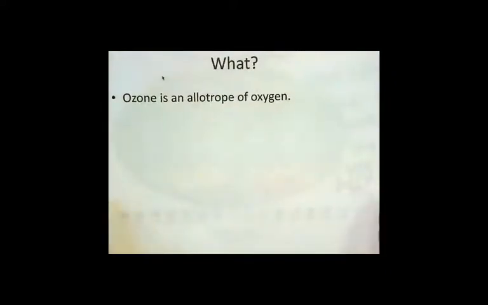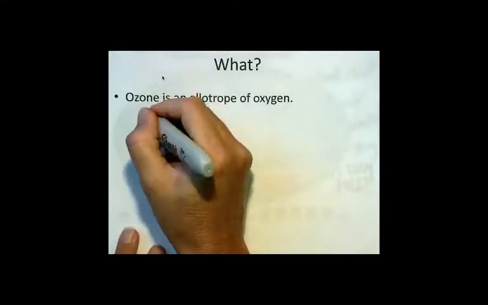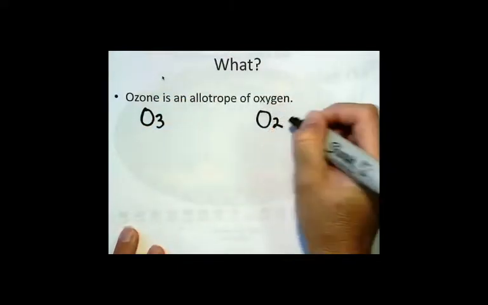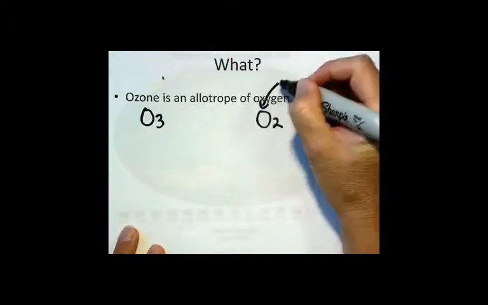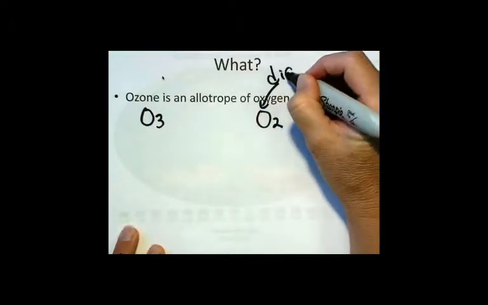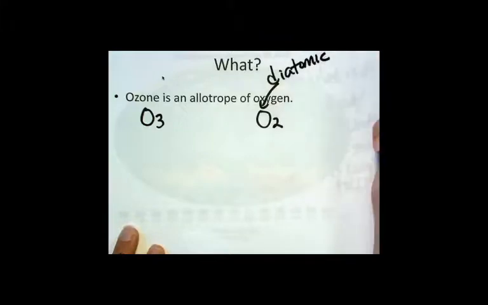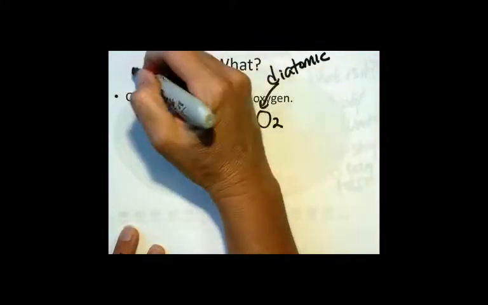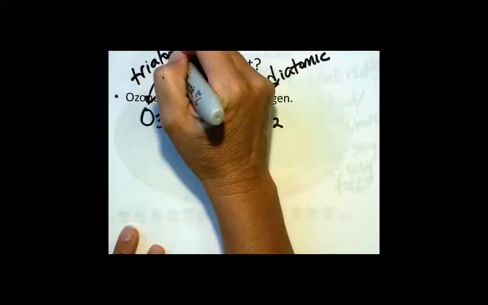Okay, we think we've already identified that ozone is an allotrope of oxygen. Ozone, of course, is an element, as is oxygen. We call oxygen a diatomic element, and it just so happens that ozone is a triatomic element.